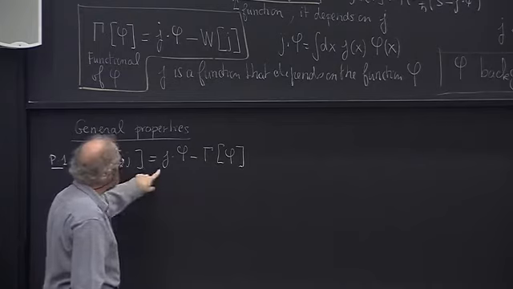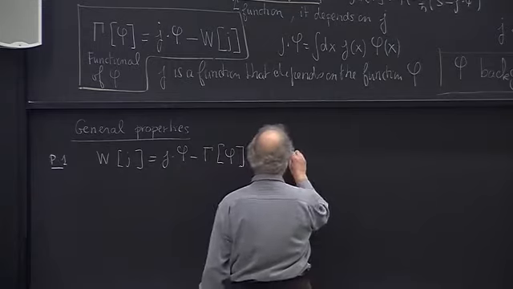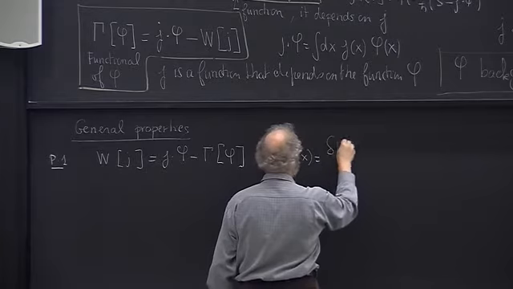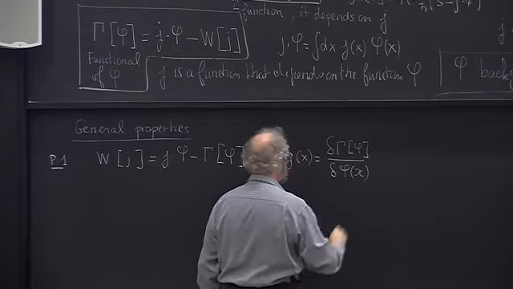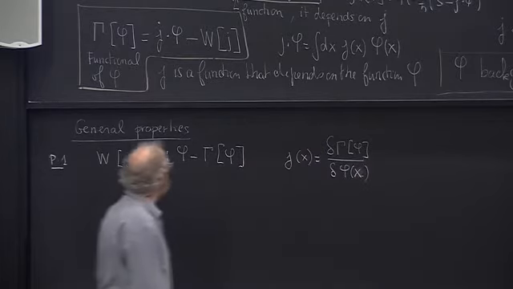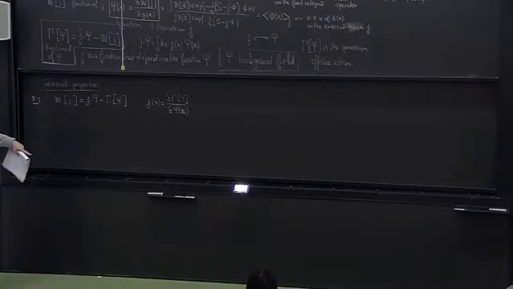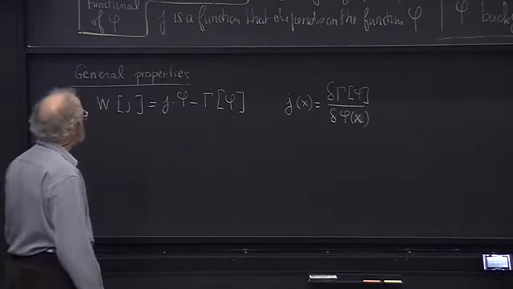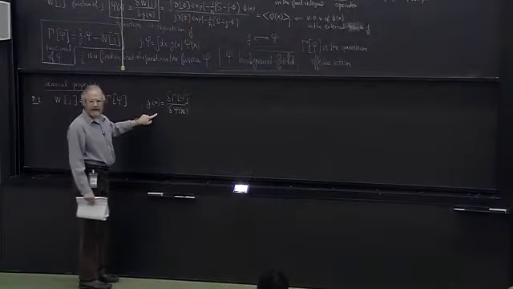Of course, this is true if we have a similar relation, which is that G of x is the functional derivative of gamma of phi when I make a variation of the background field phi at the point x. Okay. But this is true because it's an easy check that if this holds, if you take this, this is this.